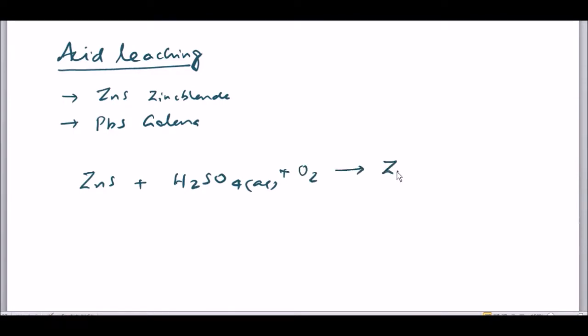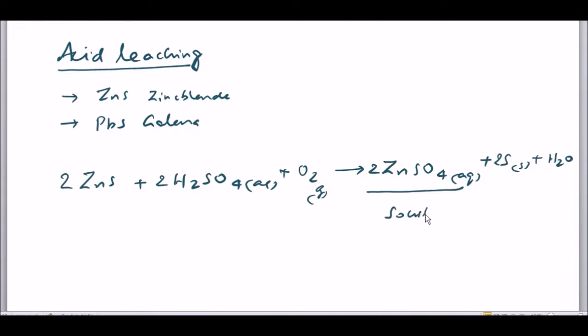It makes ZnSO4. It gets dissolved and sulfur is separated out, and that forms water also. And to get the balanced equation, almost all of these are multiplied by 2, except oxygen. Oxygen is in the form of gas. So this part is getting dissolved in acid and other things are left behind.